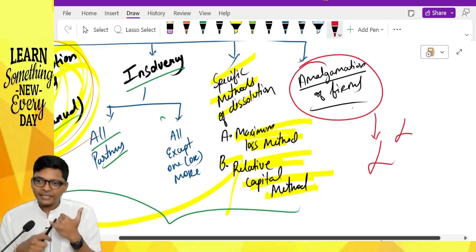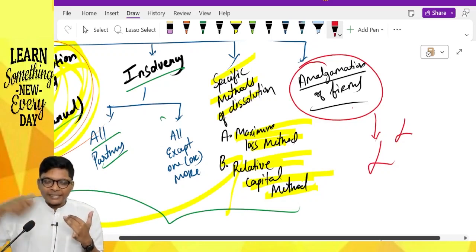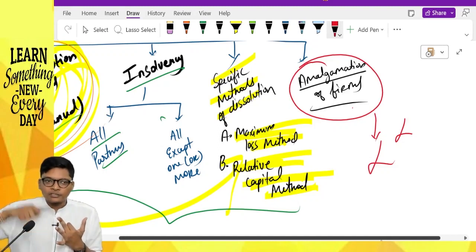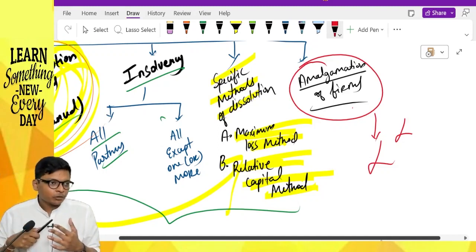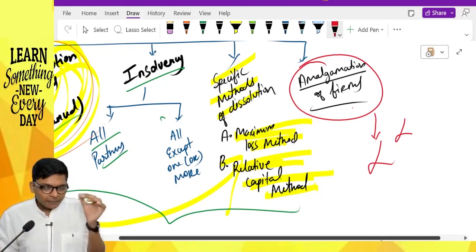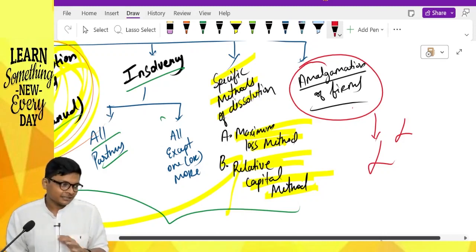First step is purchase consideration computation, second step is accounting in the books of the selling company, here books of the selling firm, and accounting in the books of the buying company, here books of the buying firm. Everything else is the same, no change. Company is replaced by firm. Able to understand, guys, that's it.